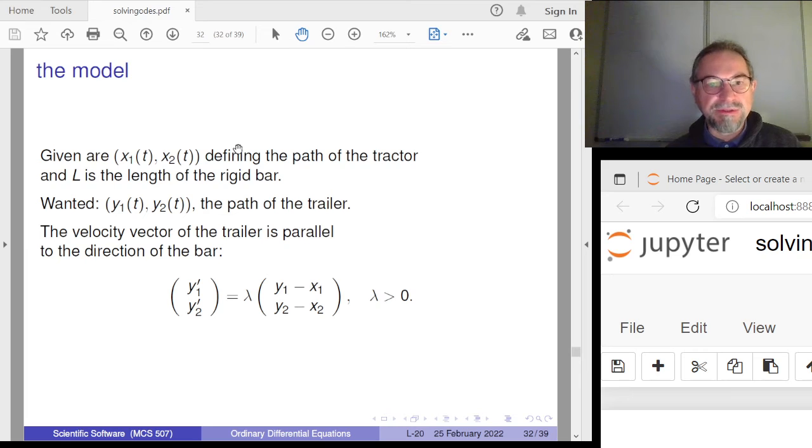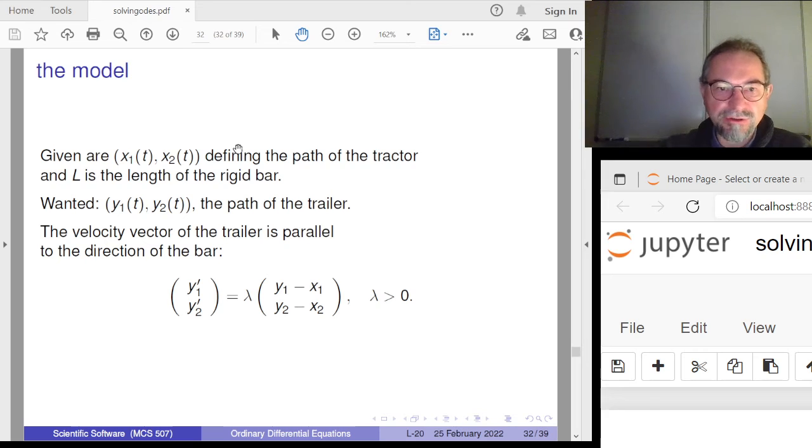In setting up the system of differential equations, we state that the velocity vector of the trailer has to be parallel to the direction of the bar. It's logical; think about the predator prey. The predator moves in the direction of the prey.